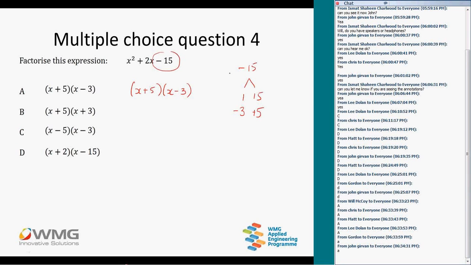Why doesn't it matter what order these are written in?